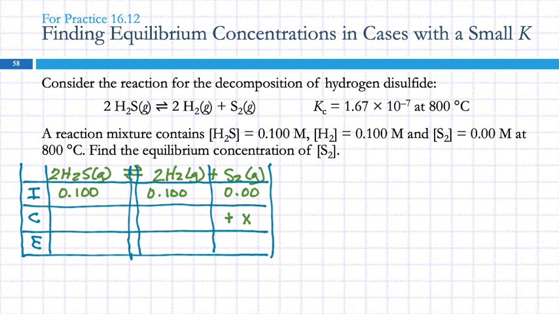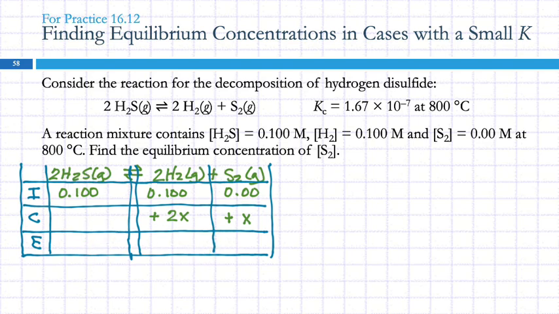There's no coefficient in front of the S2, and so I'm not going to multiply the X by anything. So that one goes up. That means this one also goes up. But that one does have a 2 in front of it. So this coefficient of 2 is why I'm writing 2x here. Okay? So this side went up. That means the other side has to go down.